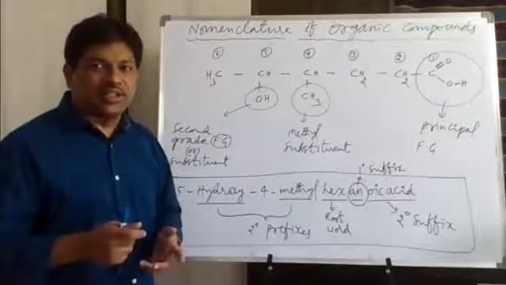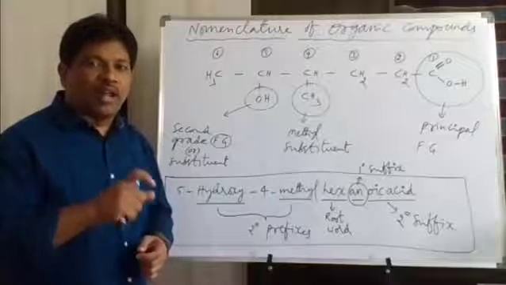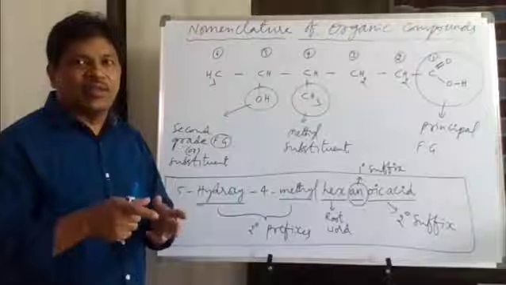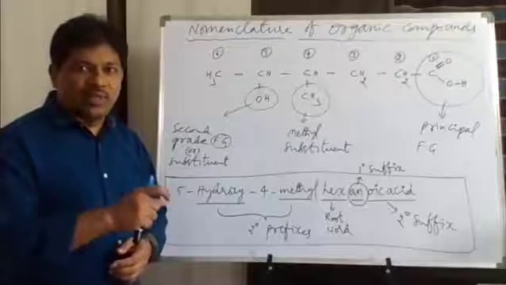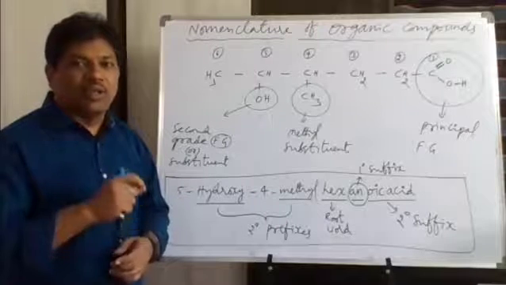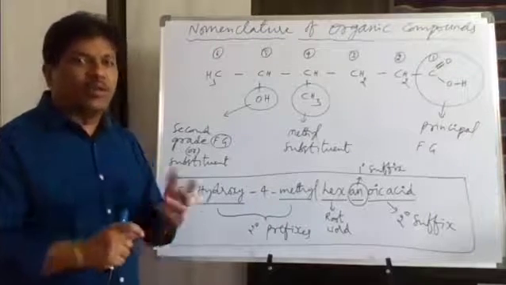I told you in the previous session, a functional group is an atom or a group of atoms which determines the chemical reactions, chemical behavior, or chemical properties of an organic compound.